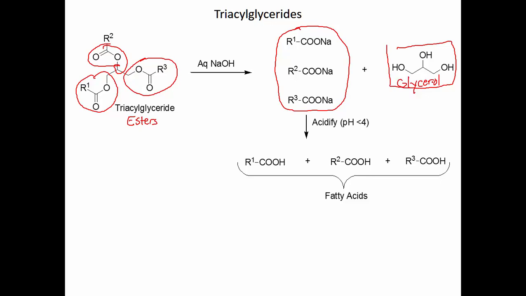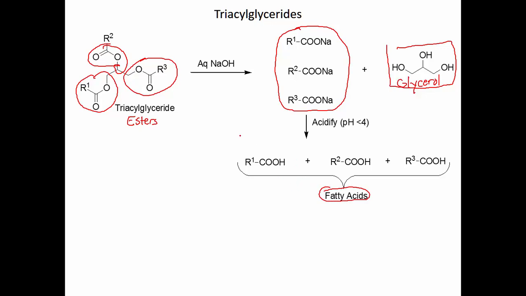Okay, and when you acidify the products here to a pH below the pKa of your average carboxylic acid, you get these three carboxylic acid molecules, and we refer to these molecules here by this term fatty acids. They're the acids that are derived from fats.